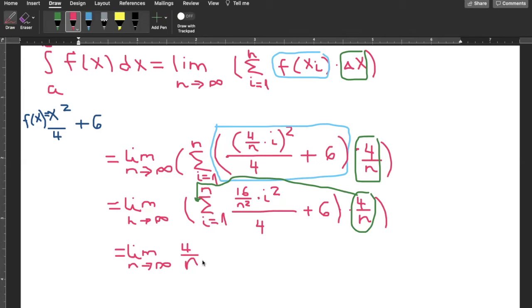Now let's start to simplify the sums a little bit. So 16 and 4 would cancel out and it will become 4 over n squared times i squared.